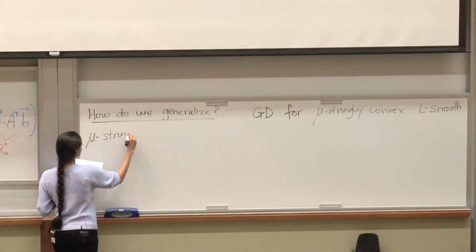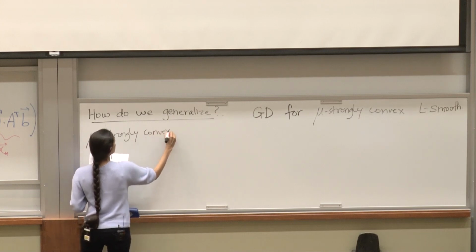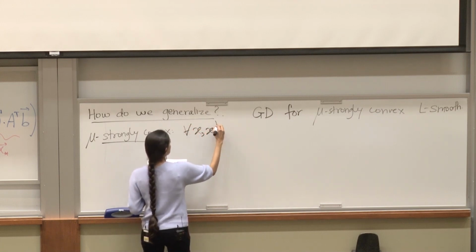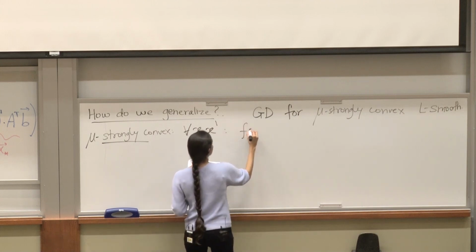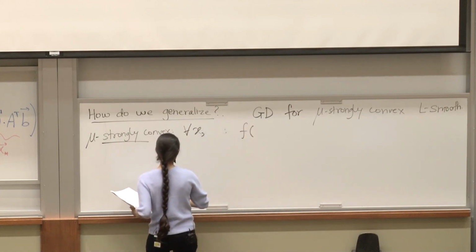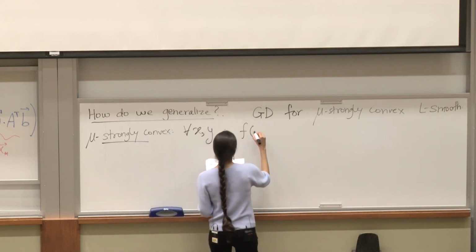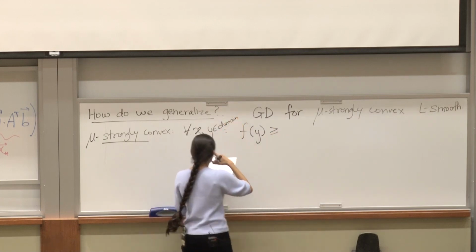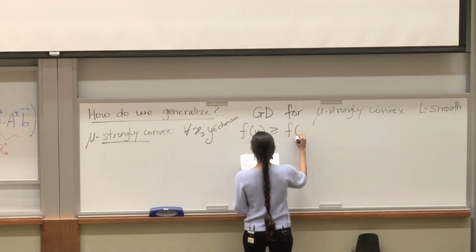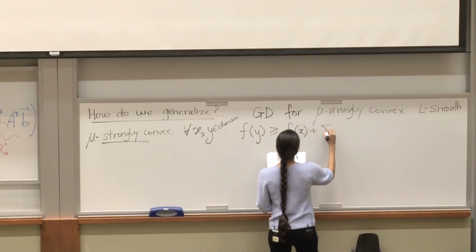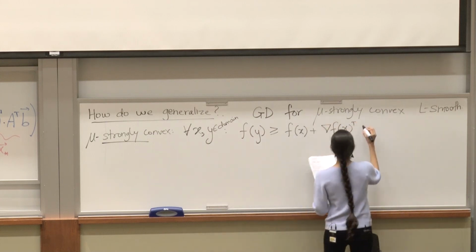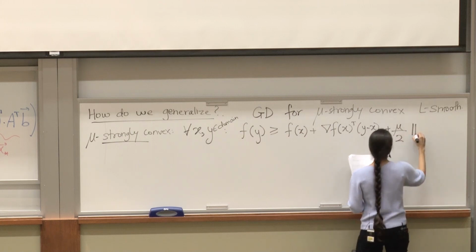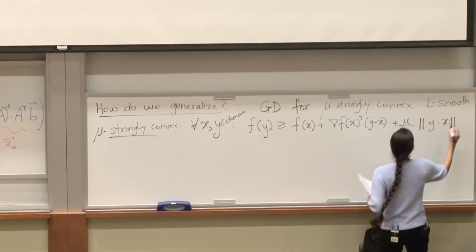Mu strongly convex means that for every x, y in the domain, f of y is greater than or equal to f of x plus the gradient at x, y minus x, plus mu over 2 times y minus x, whole squared.